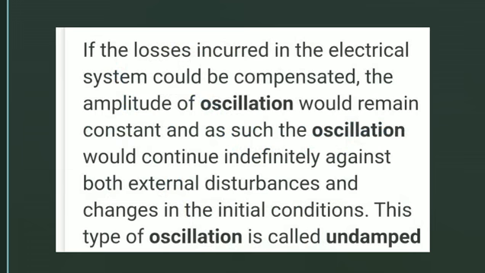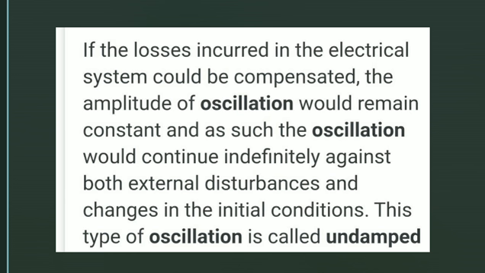Next is undamped oscillation. If the losses incurred in the electric system could be compensated, the amplitude of oscillation would remain constant, and as such the oscillation would continue identically against both external disturbances and changes in the initial conditions.